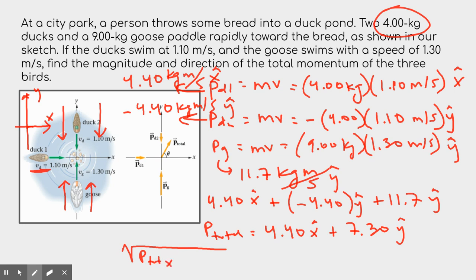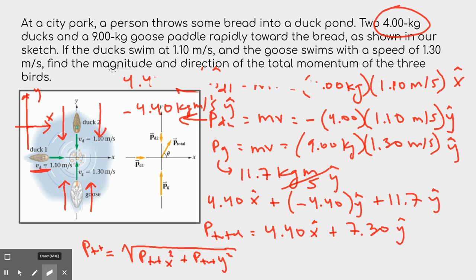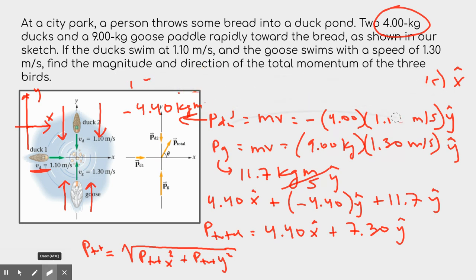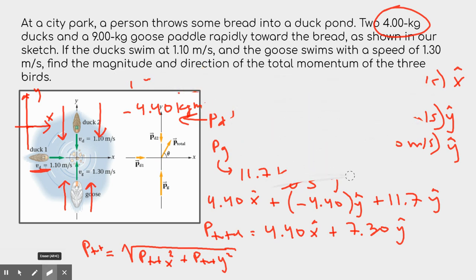The total momentum in the x direction squared plus the total momentum in the y direction squared. And that is going to let us solve for P total. I am going to have to go back and erase. I'm running out of room up here. Okay, this got me a little bit of room, so I'm going to work with that.